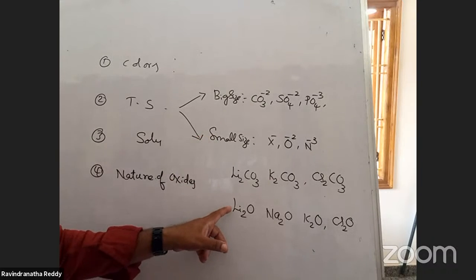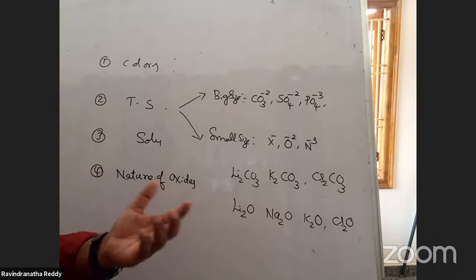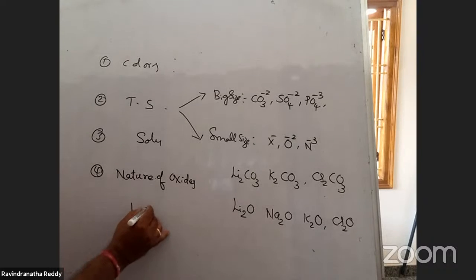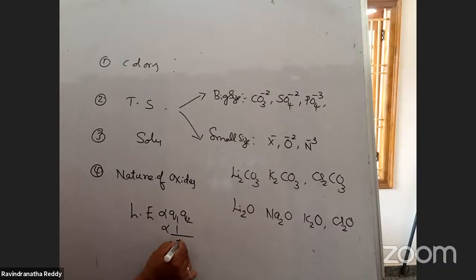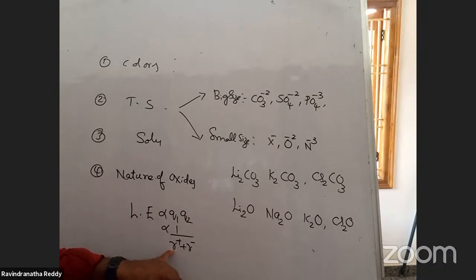See here, compare lattice energy. If lattice energy is more, thermal stability is more. The lattice energy formula is directly proportional to Q1, Q2, and inversely proportional to the size of cation and anion. The lithium cation size is smallest, so lattice energy is highest.